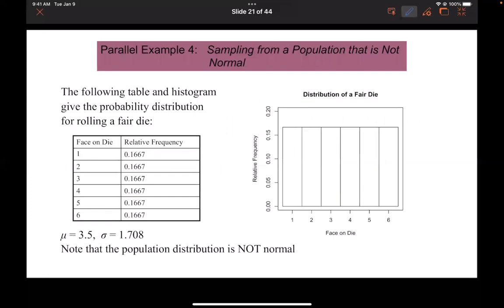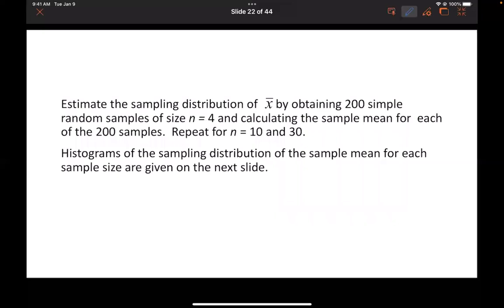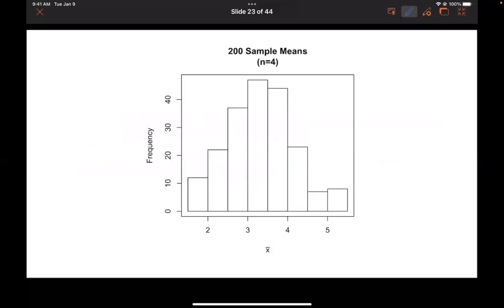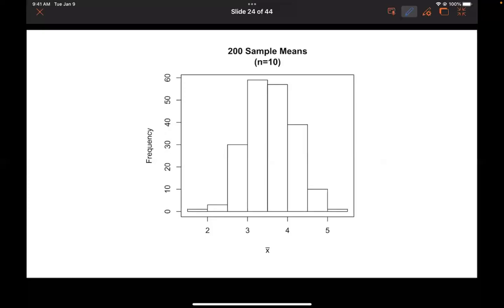Take a look at these histograms and what happens as I continue rolling. First, sample size 4. Maybe it looks slightly skewed to the right, but it's not uniform by any means. Sample size 10 is looking pretty normal, a nice bell shape.